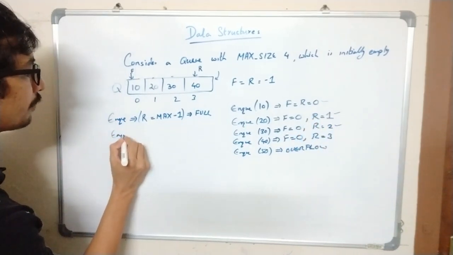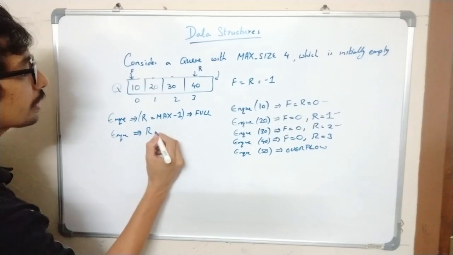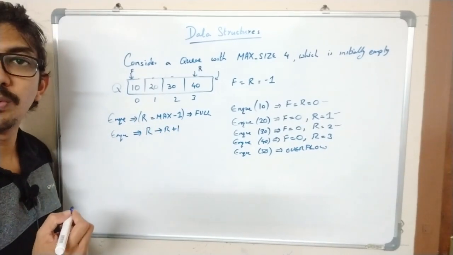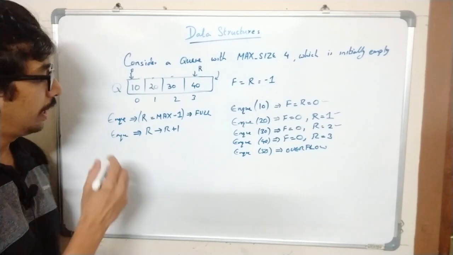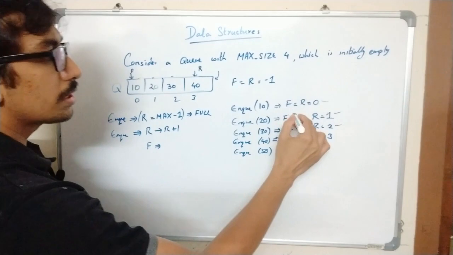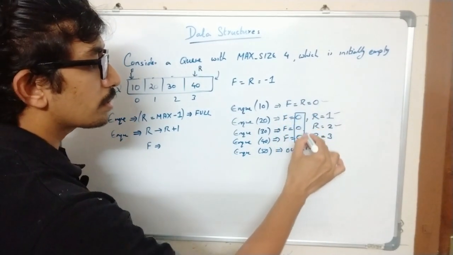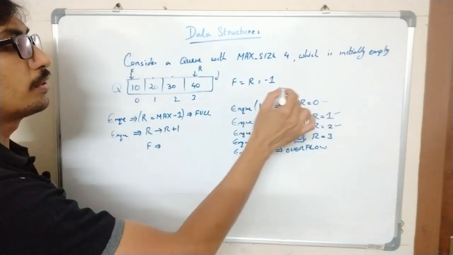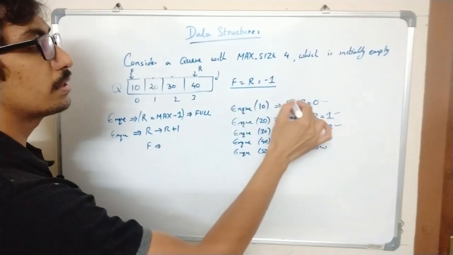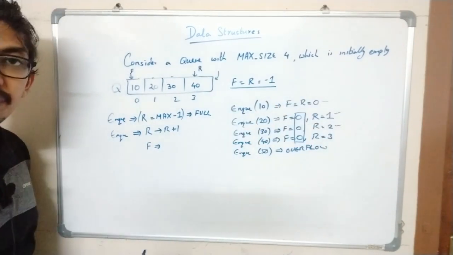So during every NQ operation, your rear value is getting incremented by 1. Okay. And what about the front value? Here you can see the front value is remaining constant, but for the first time when front and R were minus 1, front also got incremented.